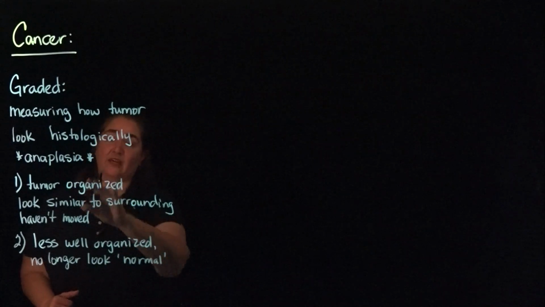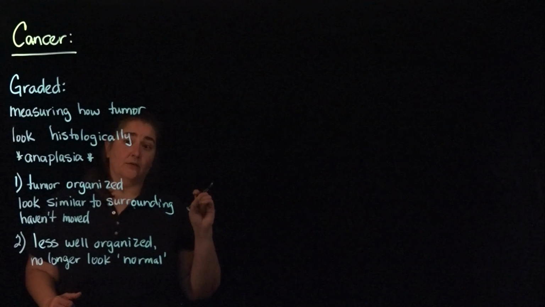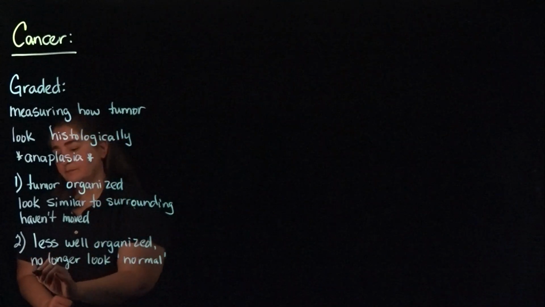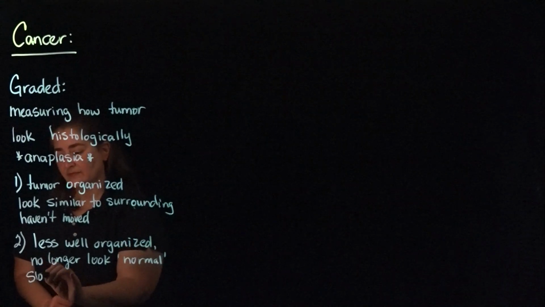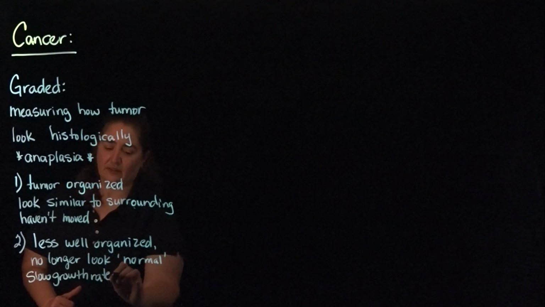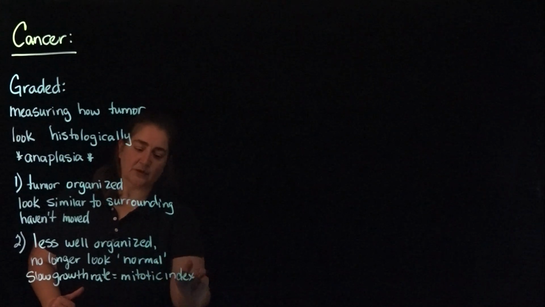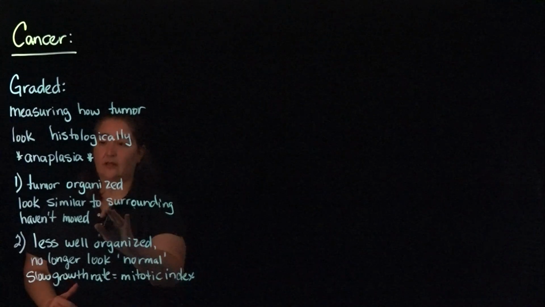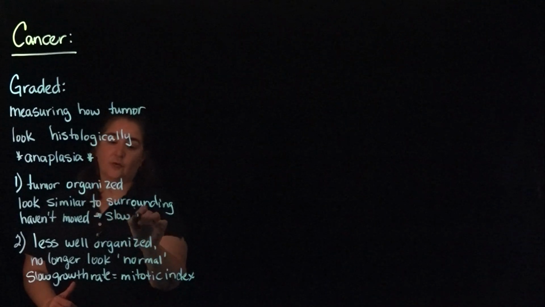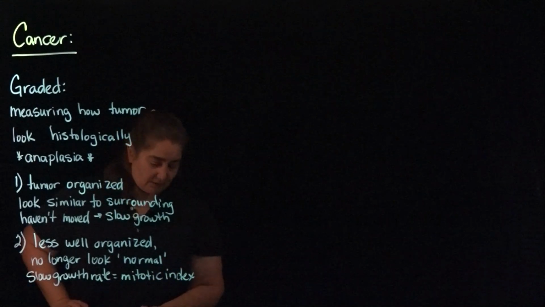So you start to see some of that anaplasia, some of the nucleus maybe looking hyperpigmented, less cytoplasm around the cell, and tends to have a slow growth rate. All right? That typically is expressed as the mitotic index. Okay? Our grade 1 tumor also is going to have a slow growth rate or a low mitotic index. Okay?